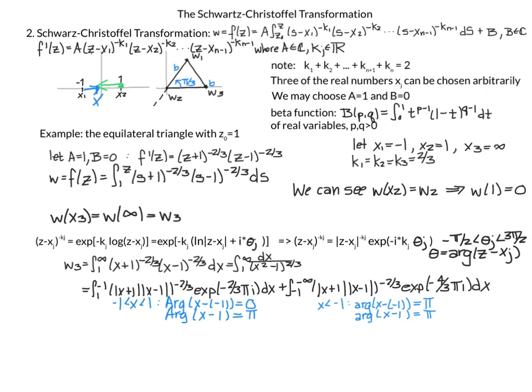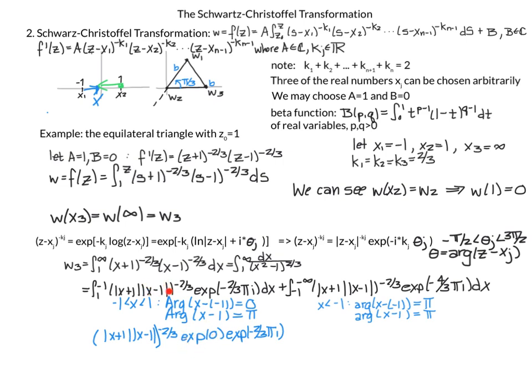Now when I write my expression over here, I have the absolute value of x plus 1, the absolute value of x minus 1, all of that to the 2/3. For my two exponents, the exponent for x plus 1 is exp of i times k times my argument, but my argument is 0, so this just becomes exp of 0, which is just 1.